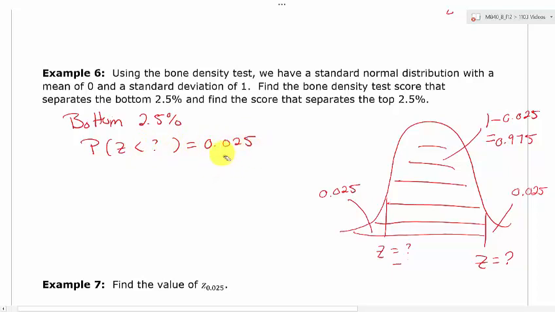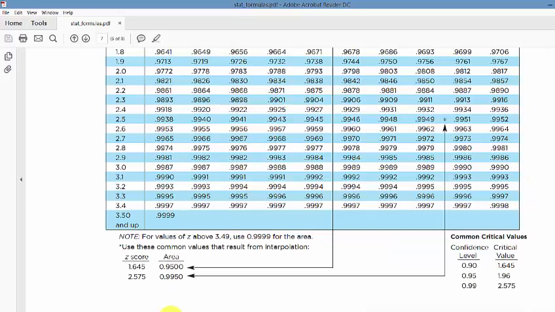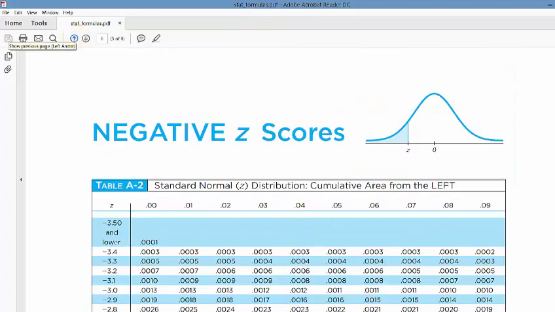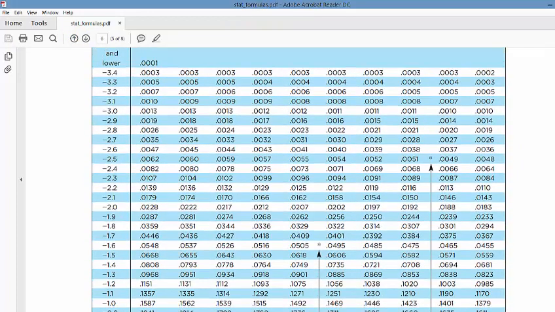So we need to look this up in the body of the table. Let's bring up our table. I'm on the positive side, so I need to go back to the negative. We want to find 0.025 inside the body of the table. So 0.0250 is right here, so that exact value is in our table.